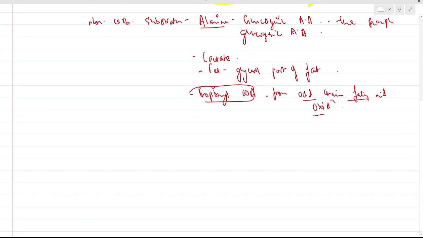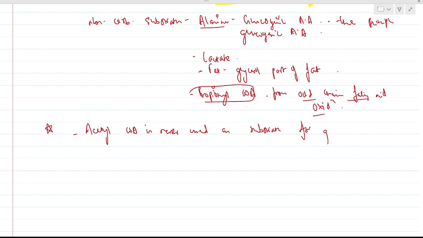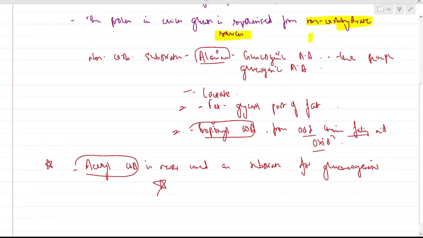Remember, important note here, acetyl CoA is never used as substrate for gluconeogenesis. Very important fact. Sometimes people get confused between acetyl CoA and propionyl CoA. Acetyl CoA is never used. Propionyl CoA, glycerol part of fat, lactate, and as always alanine.